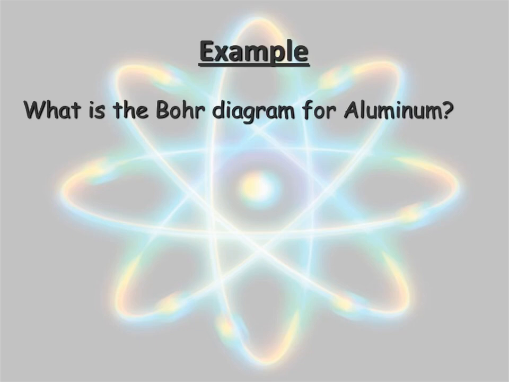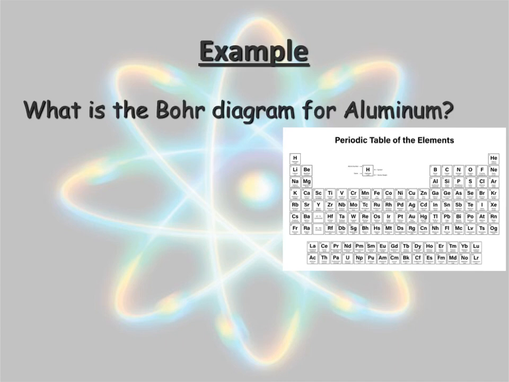Okay, so for an example, let's look at the Bohr diagram for aluminum. If I pulled up a periodic table and looked at where aluminum is. Okay, so here we see the periodic table. There is aluminum right there. And if you'll notice, aluminum is on the 3rd row. That tells us that it's definitely going to have 3 rings.